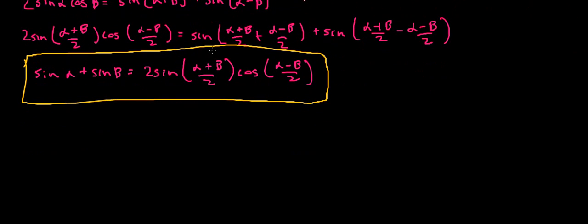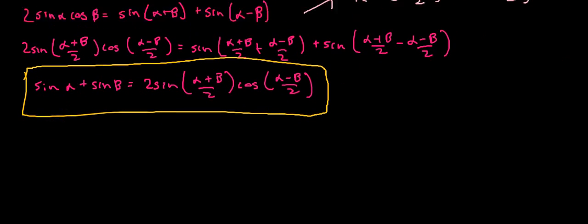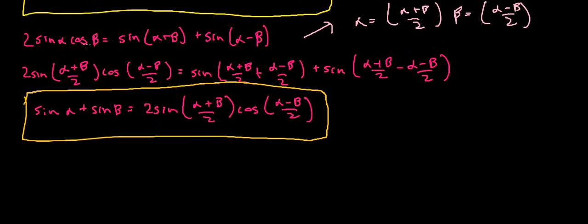So if I have the same formula that I started with last time, let's go ahead and start with this one right here. I'll do this. So I have 2 sine alpha cosine beta.